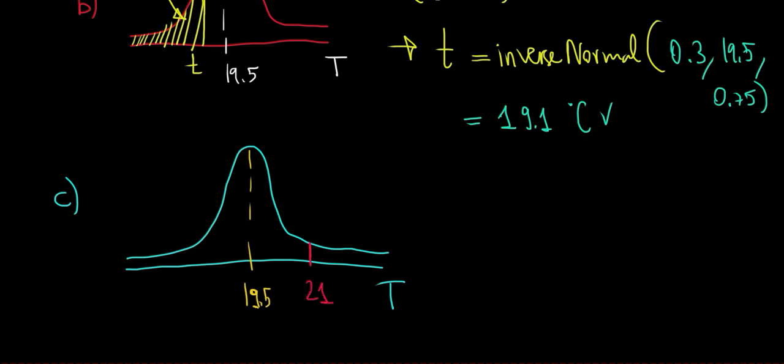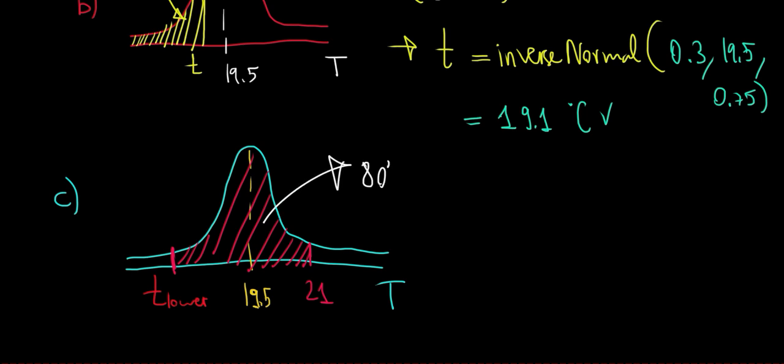This is the upper threshold, meaning that my temperature is favorable at most at 21, and obviously it has to be less than 21 up to a certain threshold. That threshold is our lower limit that the question exactly asks for. So this is T lower.